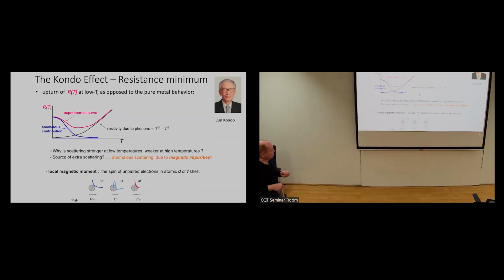So these materials are such that while the outer shell electrons disperse and become the Fermi sea of the material, this inner shell, 3d or 5f, is still localized and has net spin in it. And the electrons of the Fermi sea scatter over this spin of the impurity.